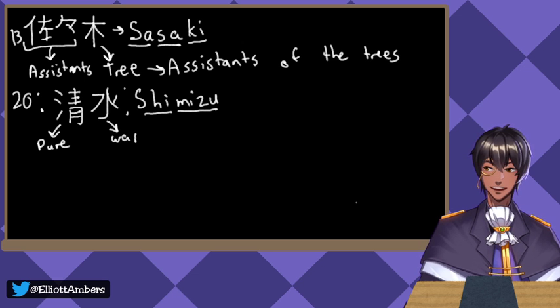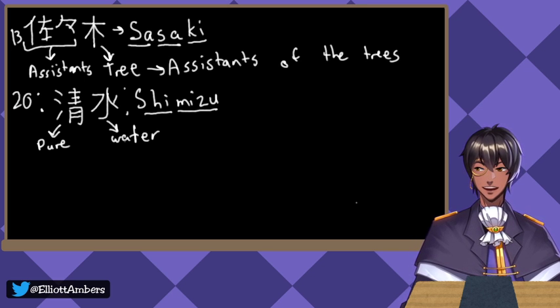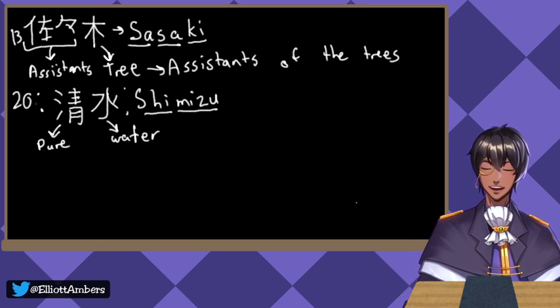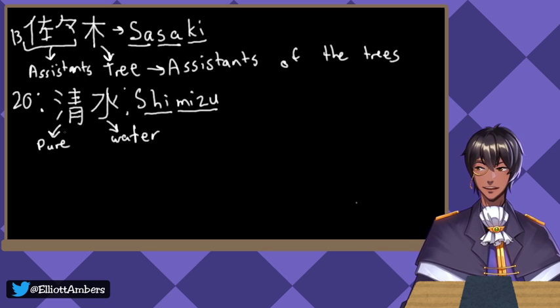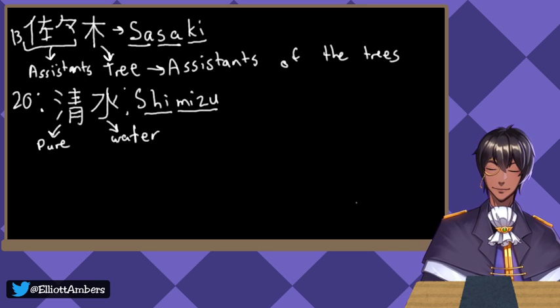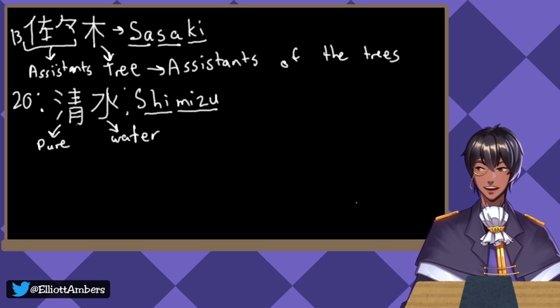So this is probably the kind of name that was reserved for families that lived around a lake, or around sacred areas, places of worship that were generally seen as clean. It's the 20th most common last name, which is still a very big deal. Being in the top 20 of what, I'm not actually sure what Japan's population is, but it's a big number, and that probably represents people who live by the lakeside, by clean water areas.